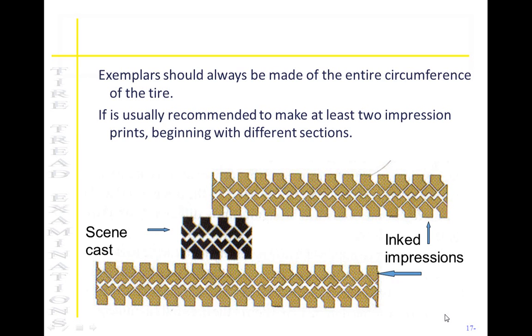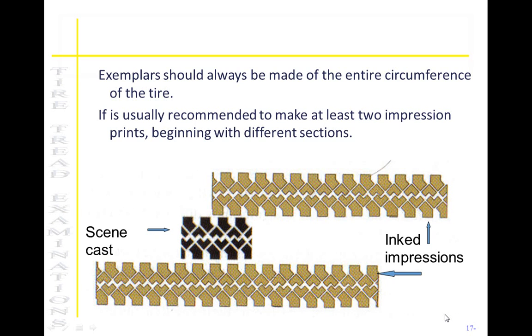When making test impressions, it should always include the entire circumference of the tire itself. It is also recommended that at least 2 test impressions are made from each tire, starting in different directions.